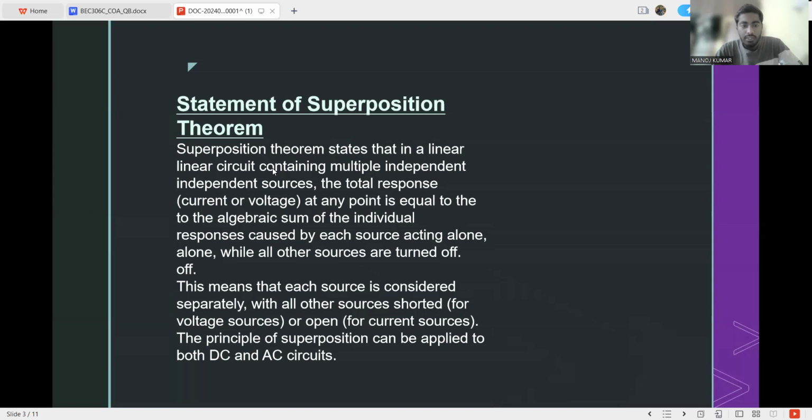This means that each source is considered separately, with all other voltage sources shorted and current sources open. The principle of superposition can be applied to both DC and AC circuits.